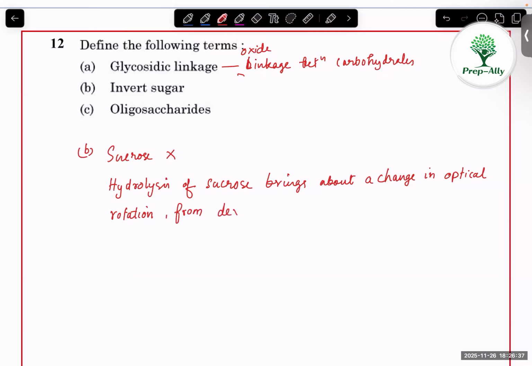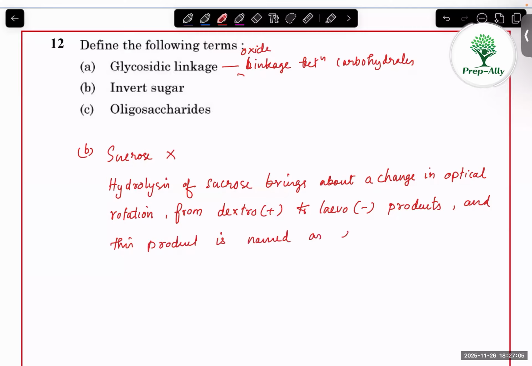from dextro to levo. That means initially it is having a dextro rotation, and it changes to levo. These products are named as invert sugar. When is it called invert sugar?